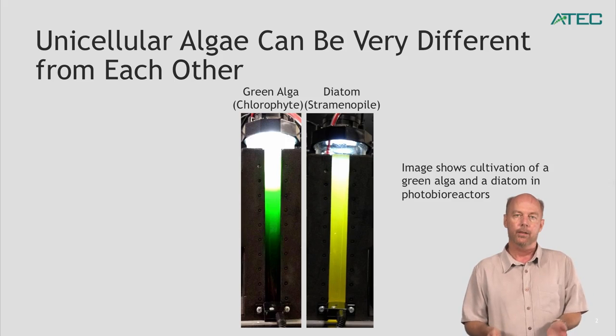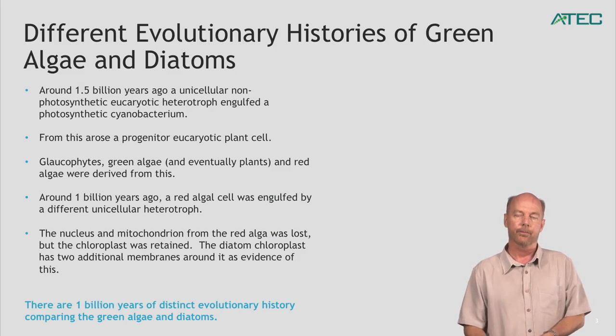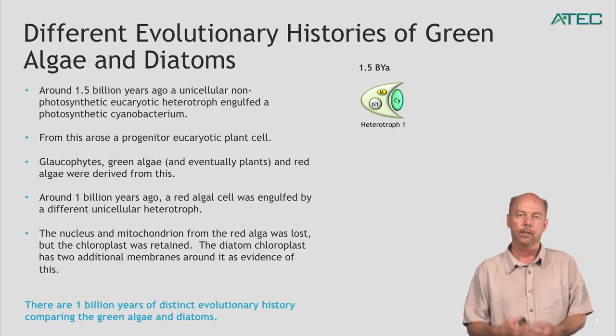And the reason is that these algae are very different from each other, and it stems from their evolutionary history. So as near as we can estimate, about 1.5 billion years ago, a unicellular eukaryotic heterotrophic organism that could not fix carbon engulfed the cyanobacteria. So the cyanobacteria were the first classes of algae that could fix carbon through photosynthesis.